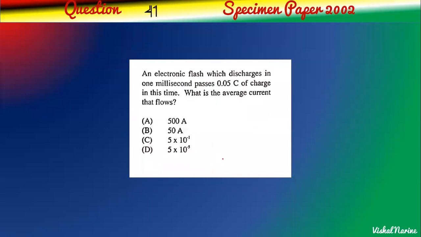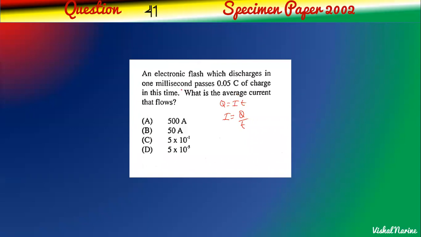Question 41 reads, an electronic flash which discharges in 1 millisecond passes 0.05 coulombs of charge in this time. What is the average current that flows? We use the formula Q equals I t, so I equals Q divided by t.